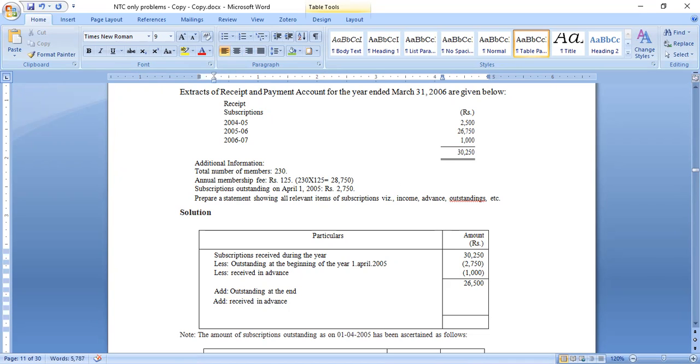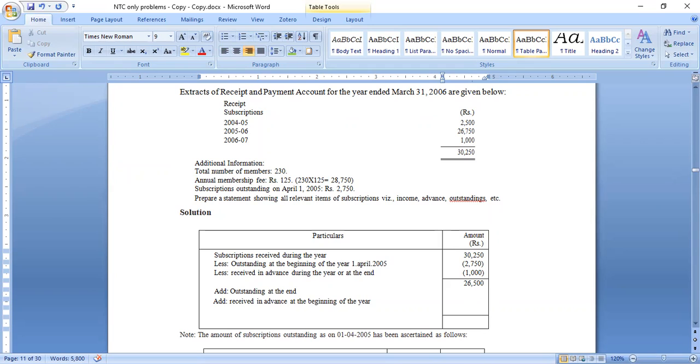Received in advance. So if we receive in the beginning, it belongs to the current year.